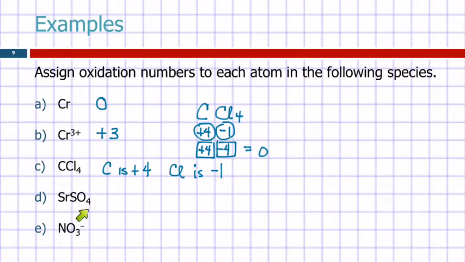Okay, strontium sulfate. This is an ionic compound. Let's look at the 2 ions involved. I'm going to erase this. What are the 2 ions in strontium sulfate?